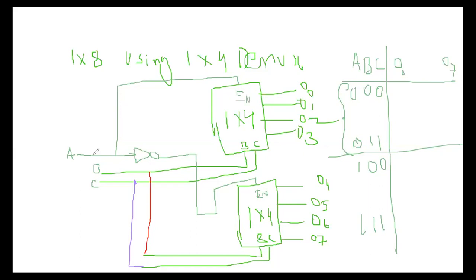So if A is a 0, that is enable bar, and here also it is enable bar. When A is equal to 0, with this 0 and this bubble, the first 1/4 demultiplexer is enabled.